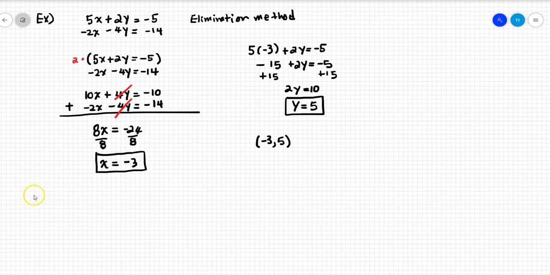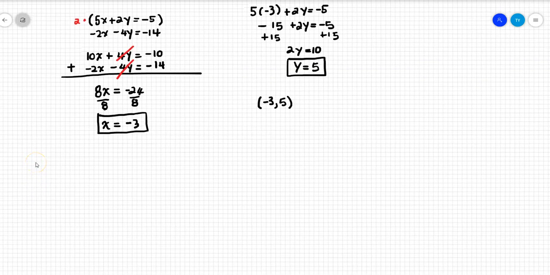Hang on a second, I'm just trying to pick another one for you. Okay, here's another one. I have x plus y equals minus 5.